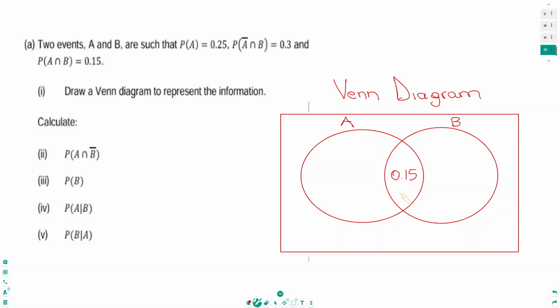To find the probability of the event only A, we subtract 0.15 from 0.25, and this gives us a value of 0.10, which is included inside the circle A only.